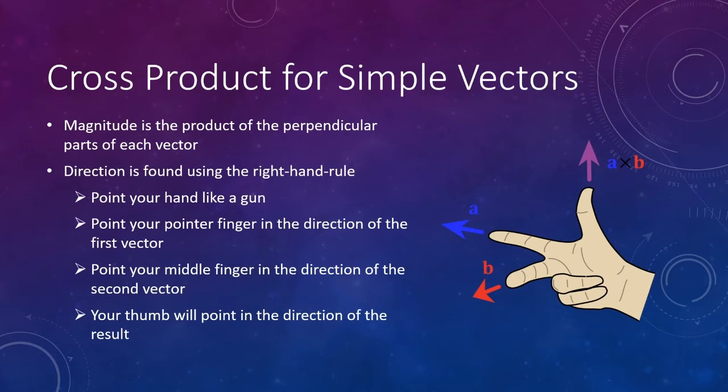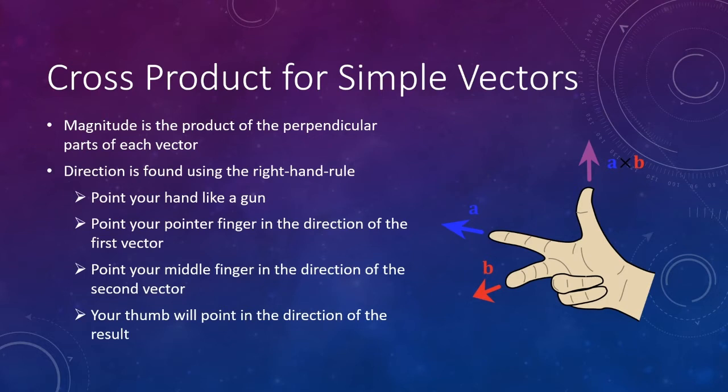You'll see a number of different descriptions for the right-hand rule, but this is the one I think is the clearest. First, you have to point your hand like a finger gun, like in the illustration there, and your pointer finger will go in the direction of the first vector A, your middle finger will go in the direction of the second vector B, and your thumb will point in the direction of the result.